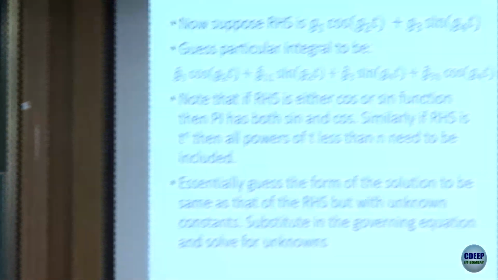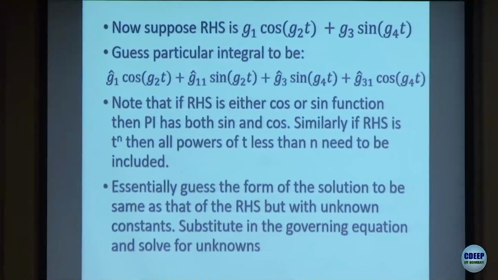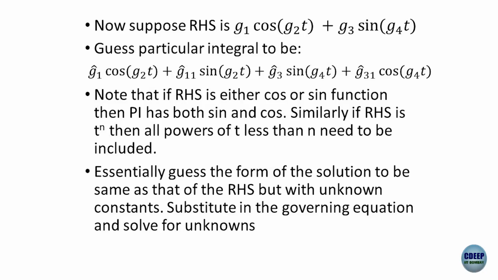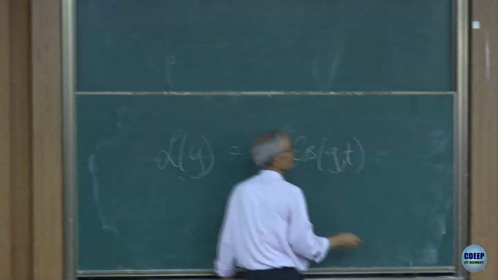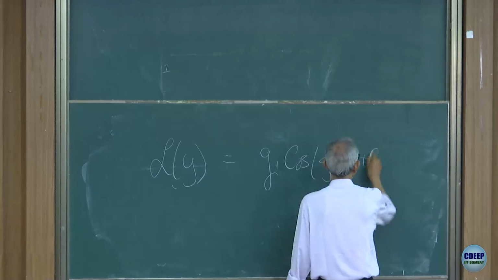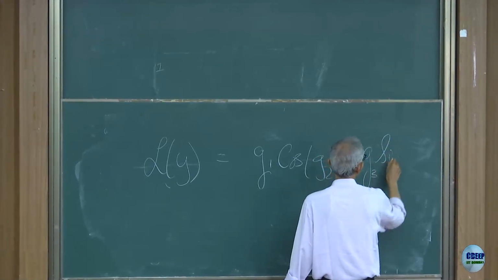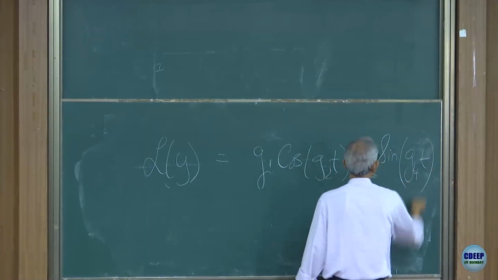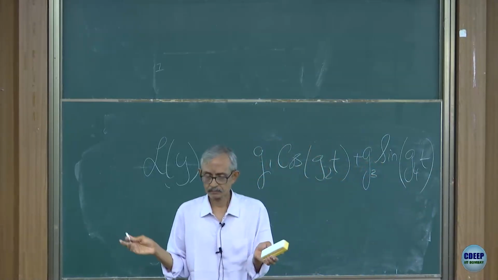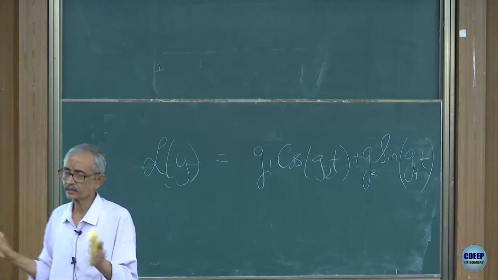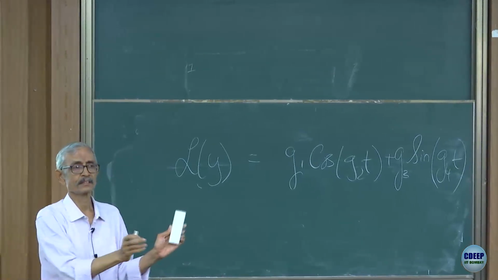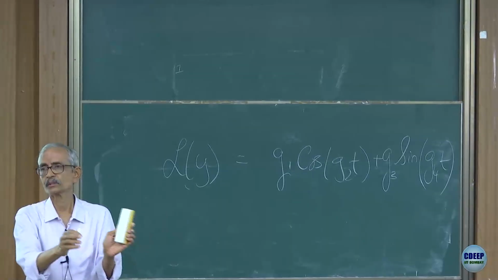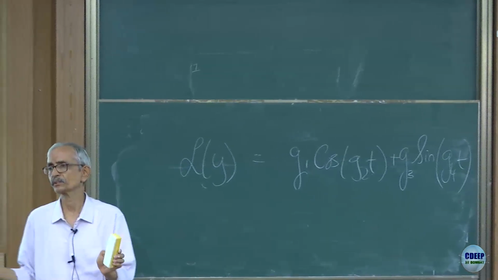Now suppose the right hand side is g1 cos g2t plus g3 sin g4t. In this particular business, there is a right hand side, and somebody is suggesting what you are going to use as the solution to the equation.